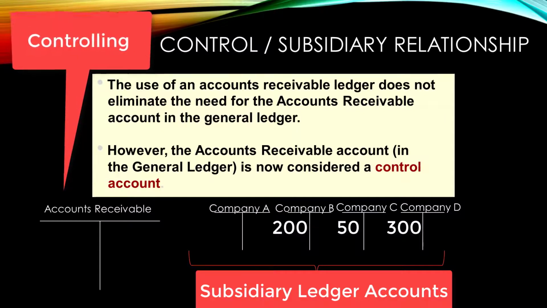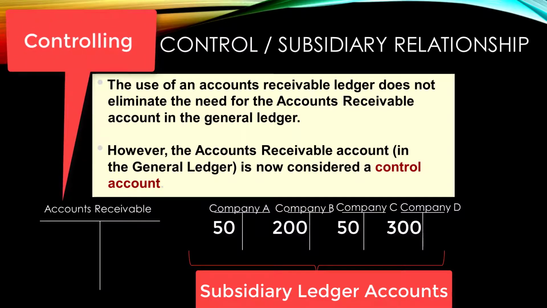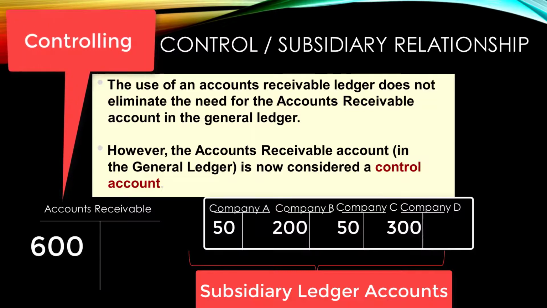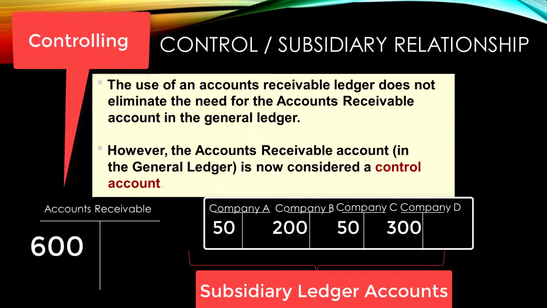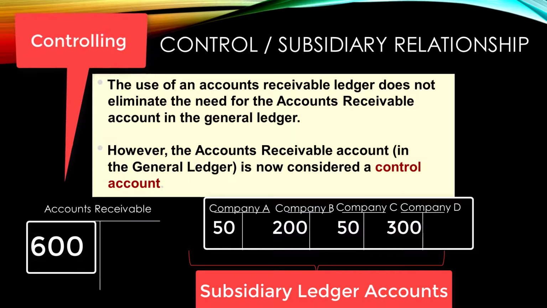This subsidiary ledger could be compared to a notebook that had one page for each customer showing all the activity that happened over the accounting period. At all times, the sum of that notebook, the sum of all of the pages for all of the customers, must always balance back to the controlling account called accounts receivable.